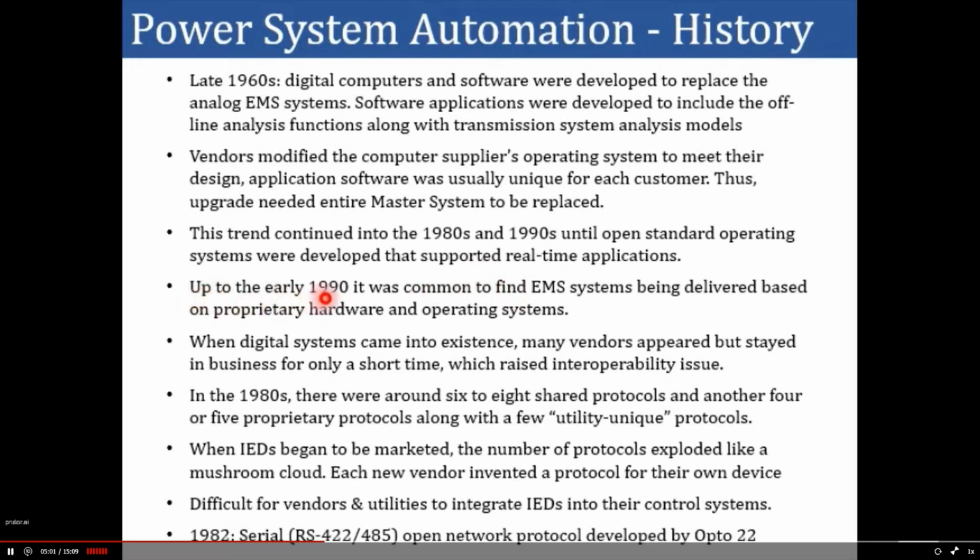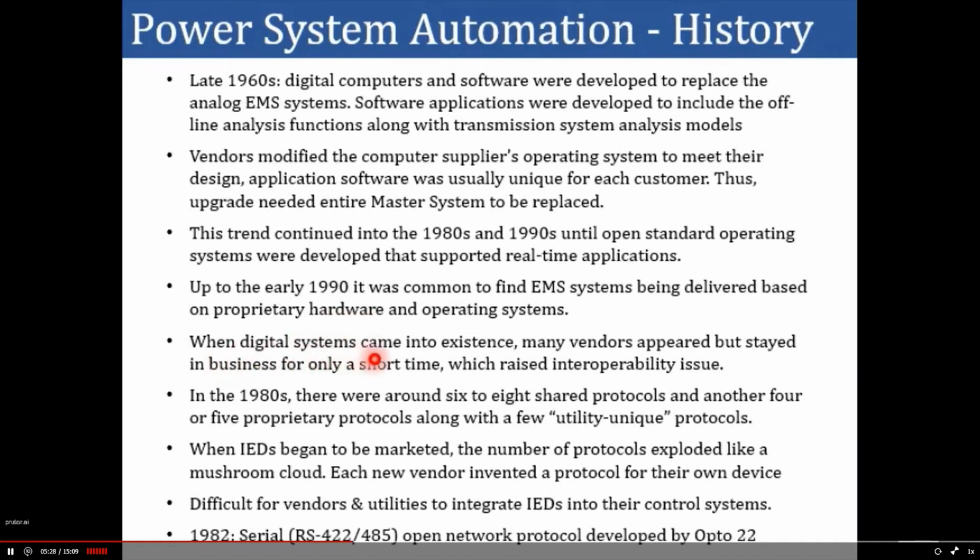So up to nearly 1990, it was common to find EMS systems being delivered based on proprietary hardware and operating systems. Since we did not have any open standard for energy management systems, each vendor was free to develop his own proprietary protocol and run the EMS system.